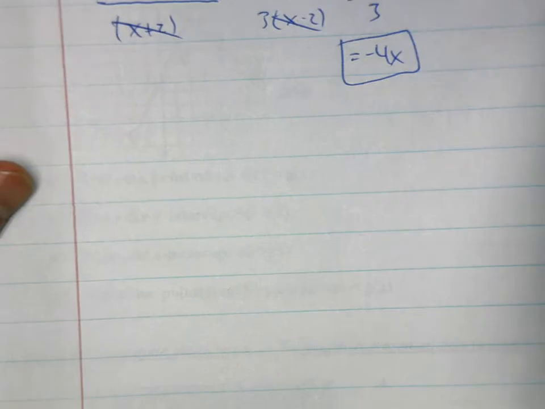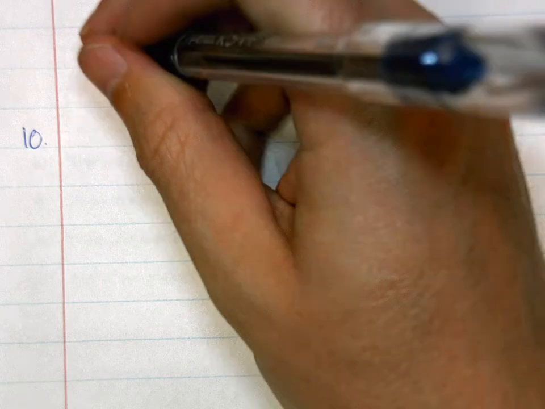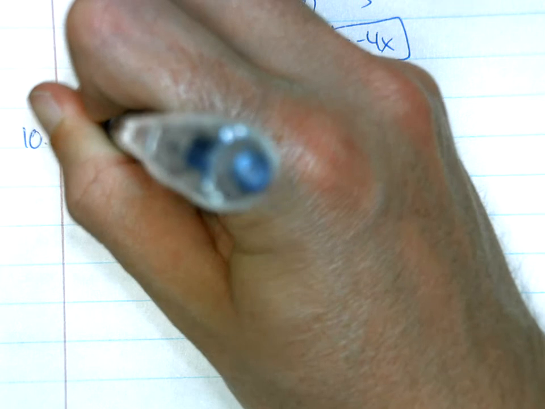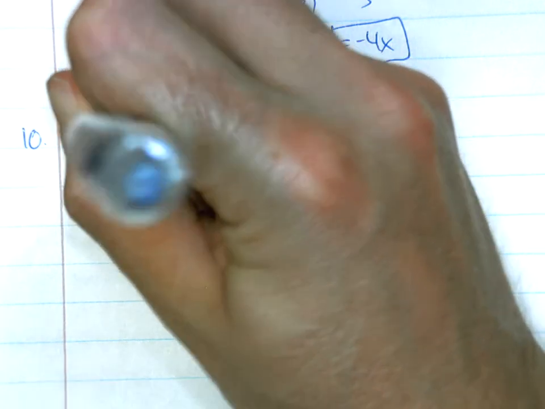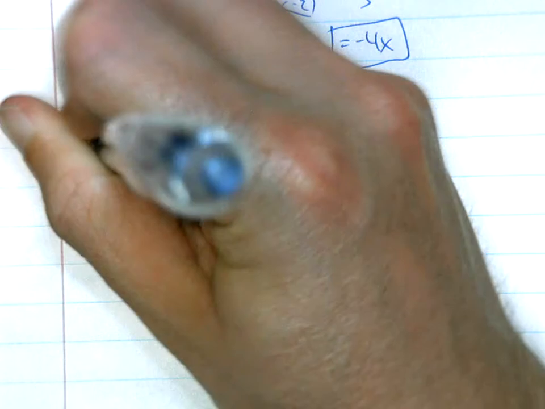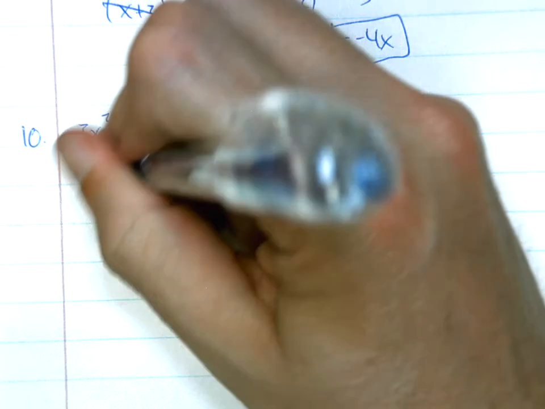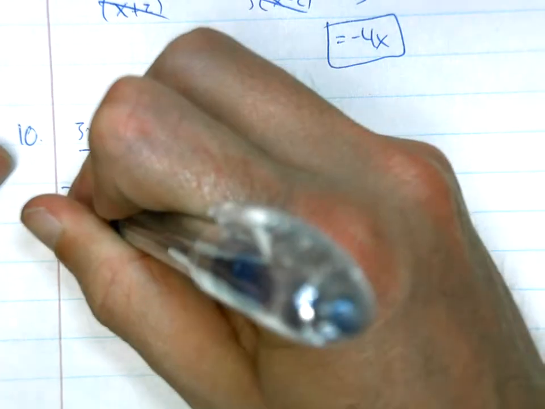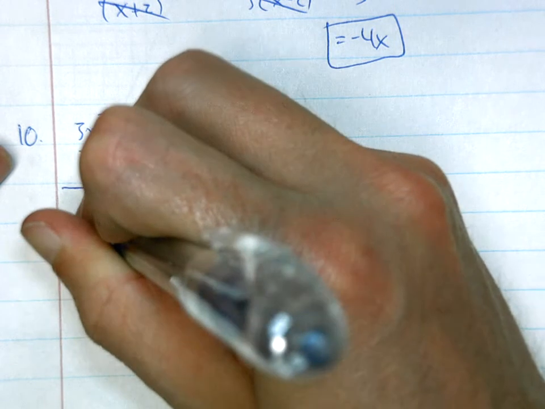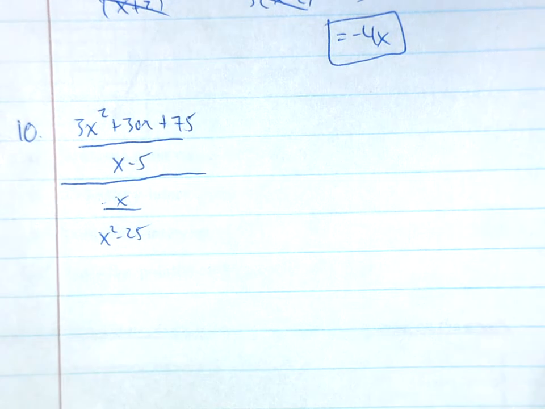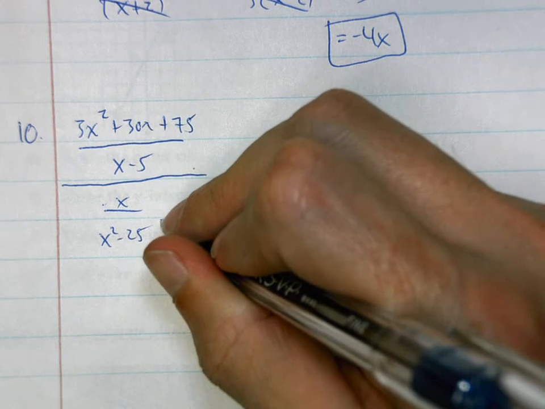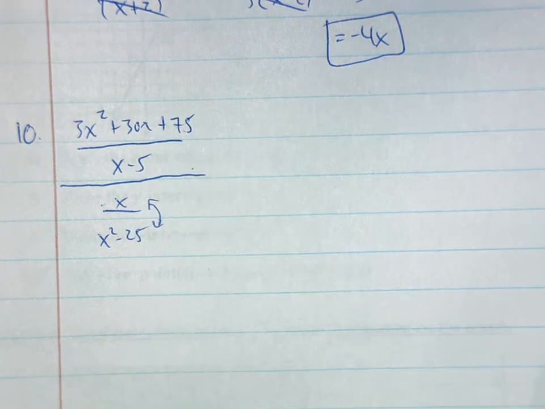Number 10, we have a fraction divided by a fraction. So we got 3x squared plus 30x plus 75 all over x minus 5 divided by x over x squared minus 25. So I'm dividing by a fraction. So what I'm going to do is take this bottom and flip and multiply.